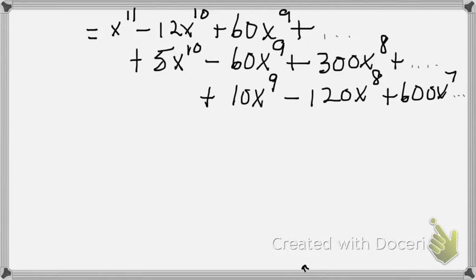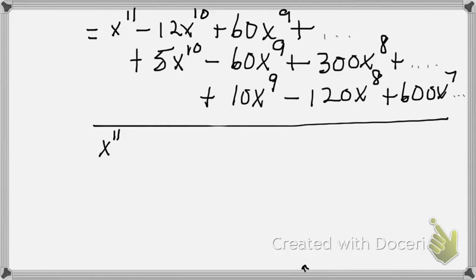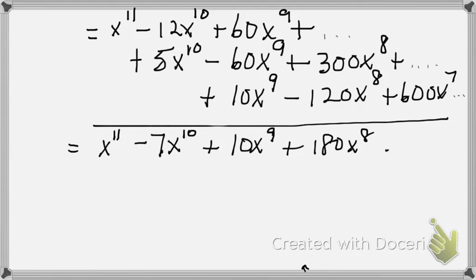Now that everything has lined up nicely, we can just add these things together. So I've got x to the power of 11, negative 7x to the power of 10, then 10x to the power of 9, and 180x to the power of 8, and so on. But these are the first three terms, and these are the ones that we're interested in. Okay, so that's how you would approach a question like that.